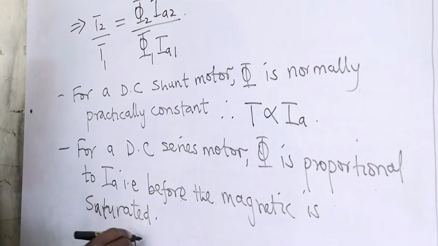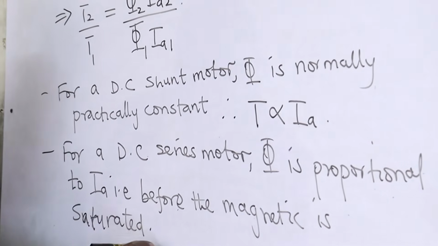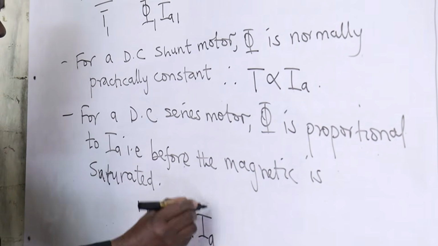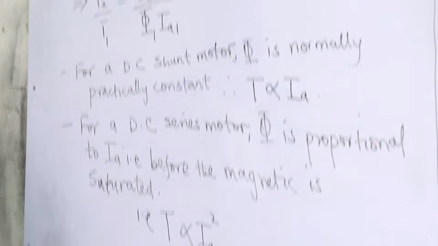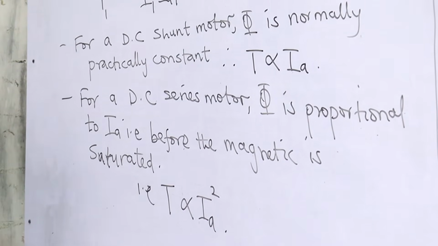That is, T will now be proportional to IA squared.